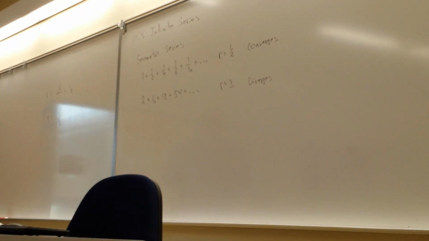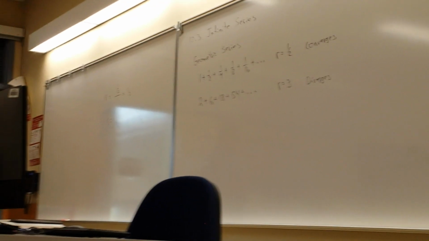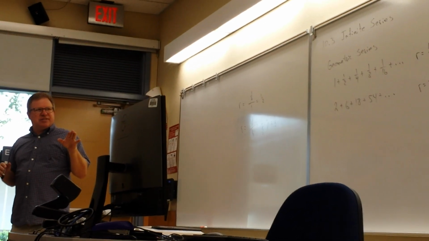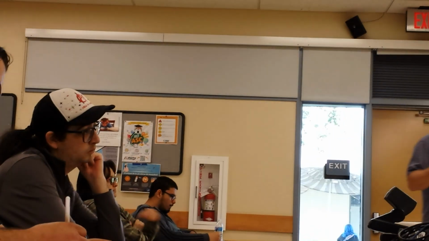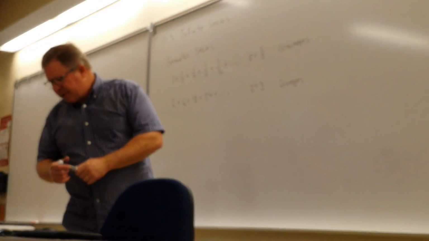So again, for geometric series that we're looking at right now and telescoping series that will come after we finish geometric, we can actually find the sum, but later on, after those two are finished, we're only going to be asking the question, does it converge or does it diverge? Which one of these is it? That's the question we'll be asking.